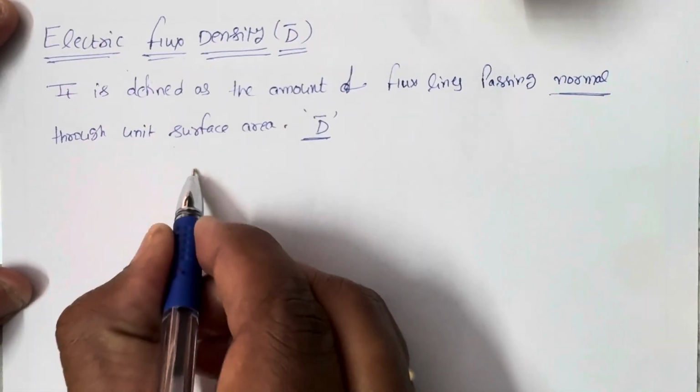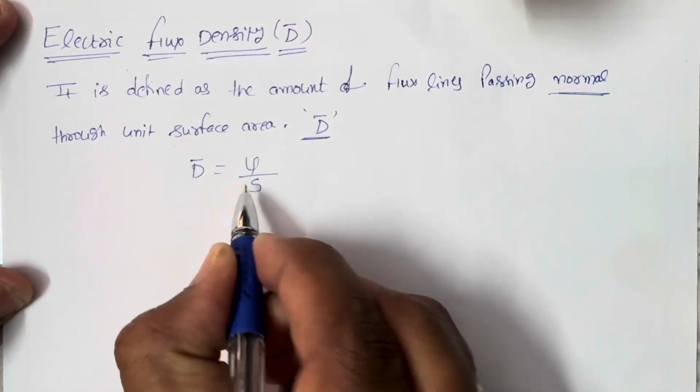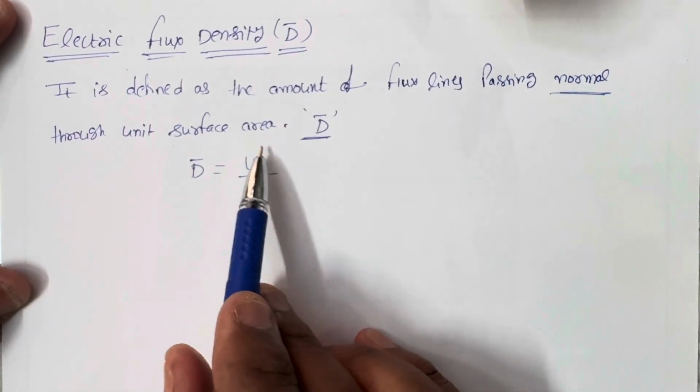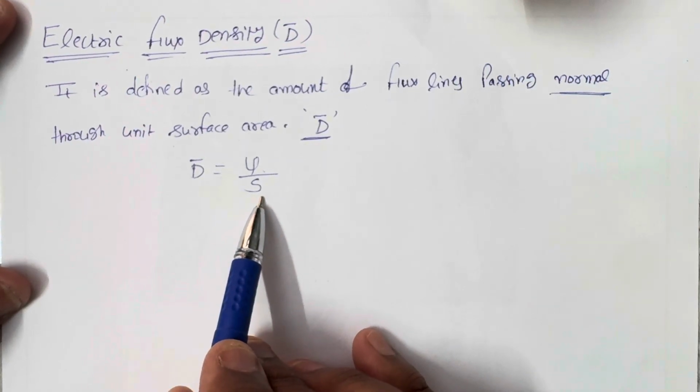Simply, D bar can be written as D bar equal to psi by S. Here psi is nothing but the amount of flux lines, and S is nothing but unit surface area.